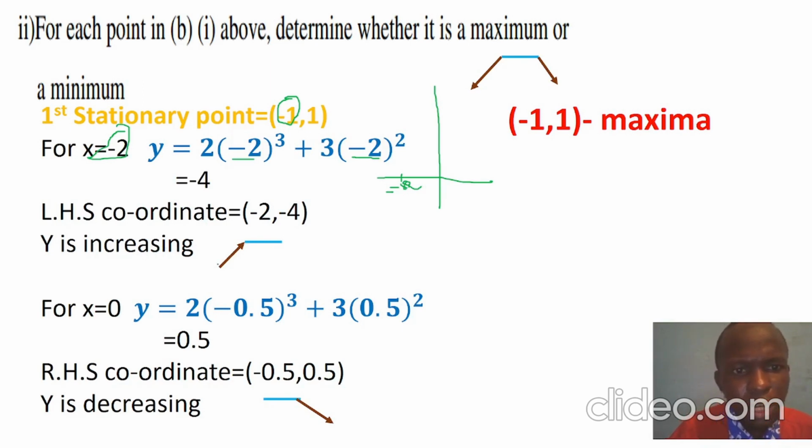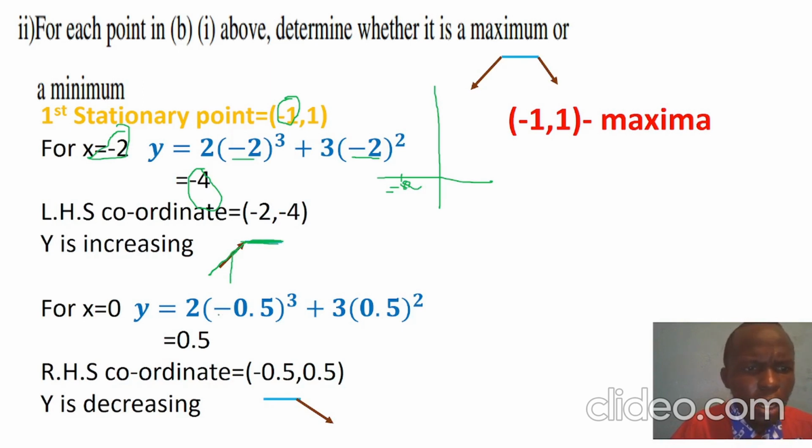Now it is curving how? If I substitute the value of x here, I will get -2 cubed is -8, -8 times 2 is -16, plus that, you're going to get this. Now that means that the value of y is going downwards. And this is the turning point.